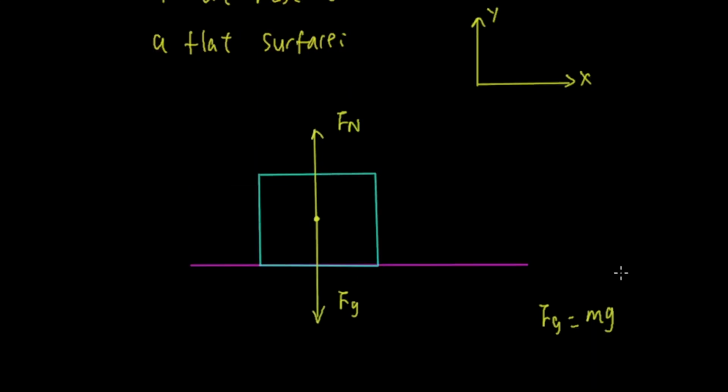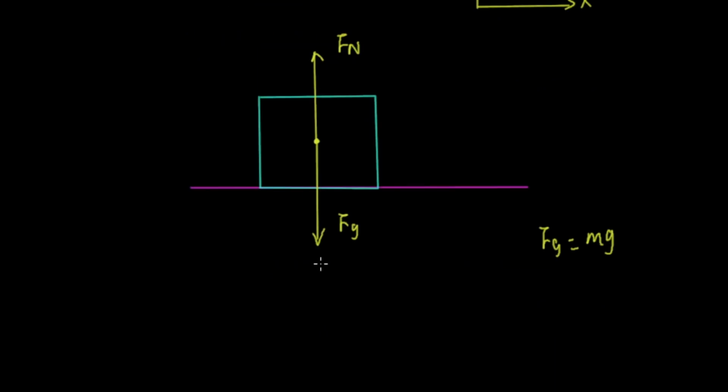Now, when we want to write the equation of all the forces acting on this block, there's nothing on the x direction. So only look at the y direction here. So sum of all the forces in the y direction is equal to, now this is a positive y value, this is the negative y value. So it's normal force minus the force of gravity, like that.